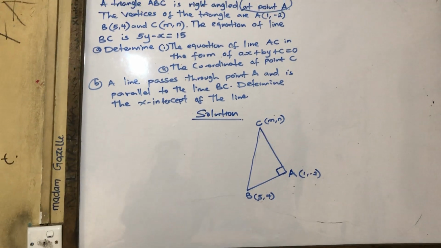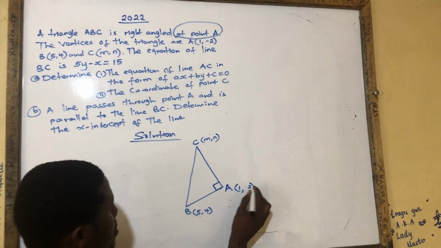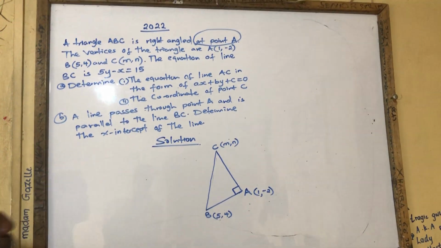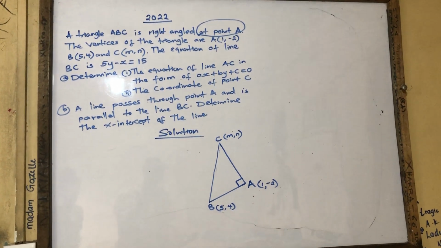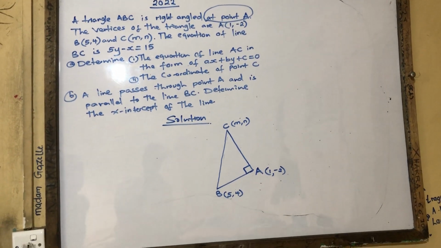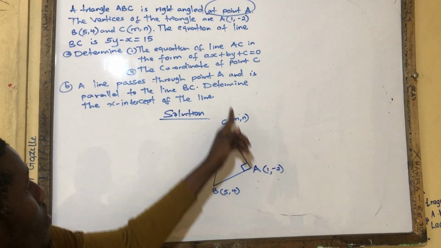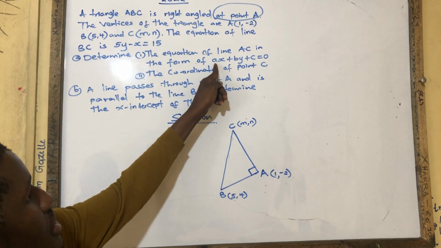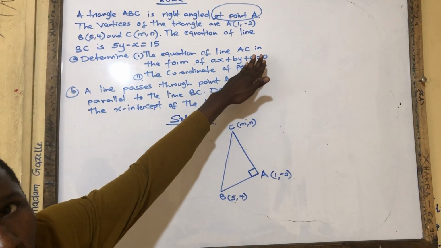So A is (1, -2), the B is (5, 4), and the C is (m, n). What are you told? Determine the equation of line AC in the form ax + by + c = 0.